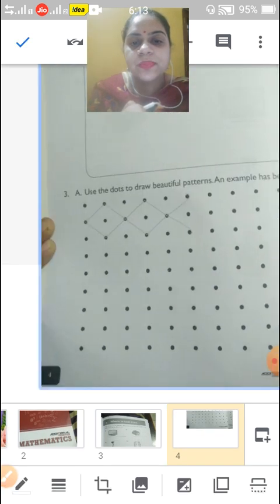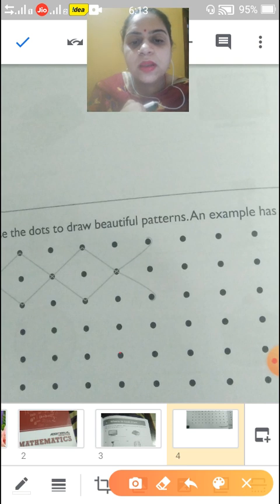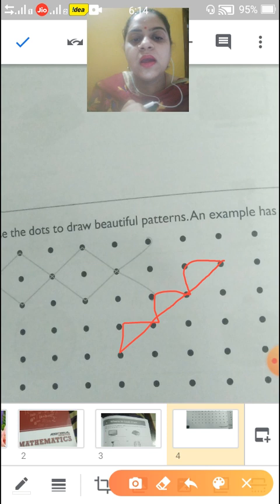For example, you can draw column patterns. Or we did several patterns, like you can join these dots. For example, you join these dots, and we did this type of pattern in our book, page number 4.